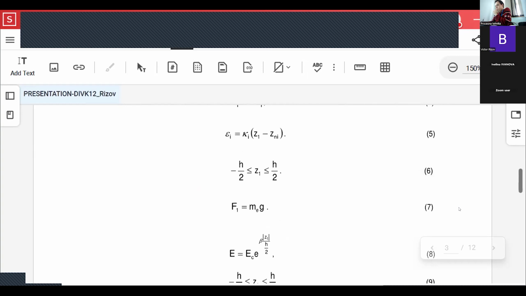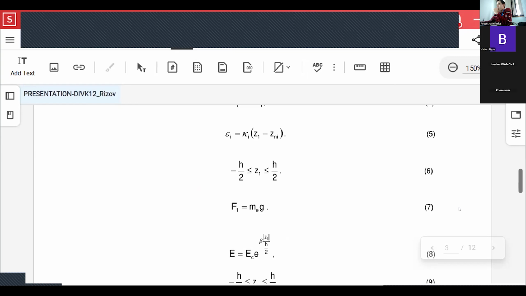In this equation, ME is the motor mass, G is the gravity acceleration. Equation 8 describes the variation of the modulus of elasticity along the thickness of the cross-section. In this formula, EC is the value of the modulus of elasticity at Z1 equal to 0.